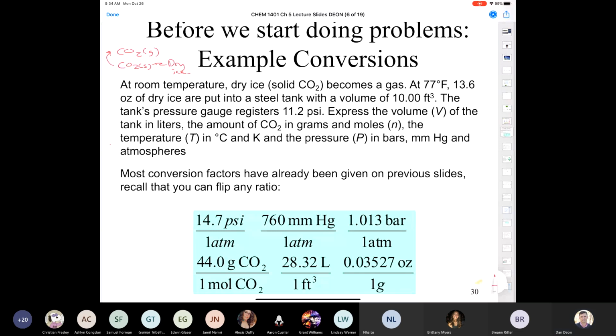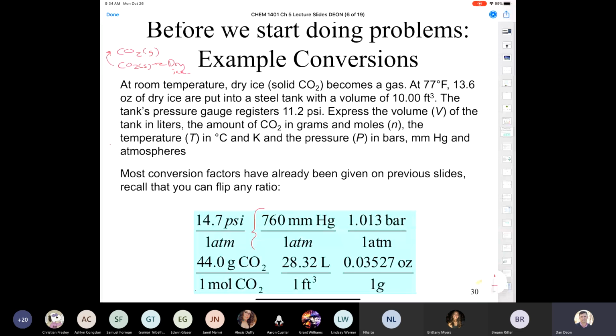Look, most of these conversions are things that we've already looked at in this class, so I'm not going to spend a lot of time doing every conversion under the sun. I remember looking at this with you just the other day.